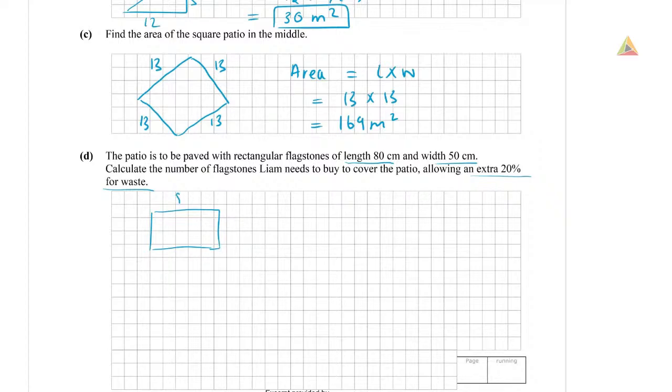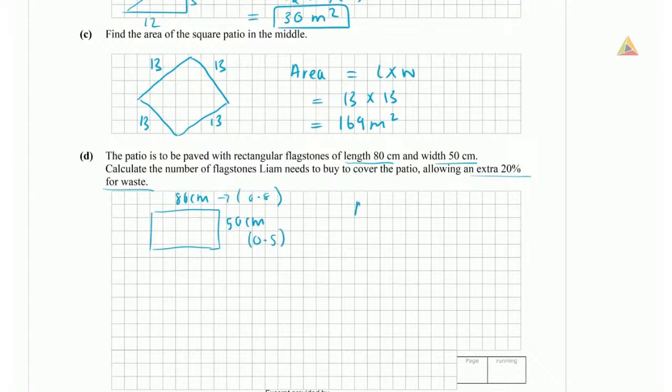It has told us that the length is 80 centimeters and the width is 50 centimeters. So that's one flagstone. Now, because we've been dealing with meters, we should really convert these centimeters to meters as well. So 80 centimeters in meters is 0.8 and 50 centimeters in meters is 0.5.